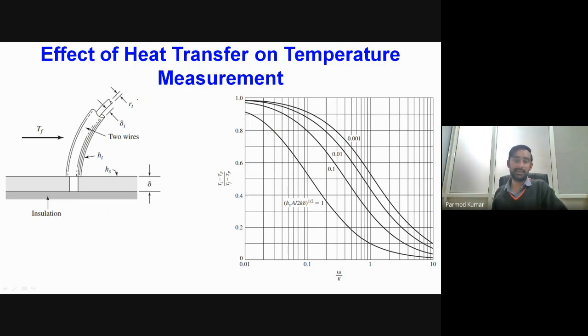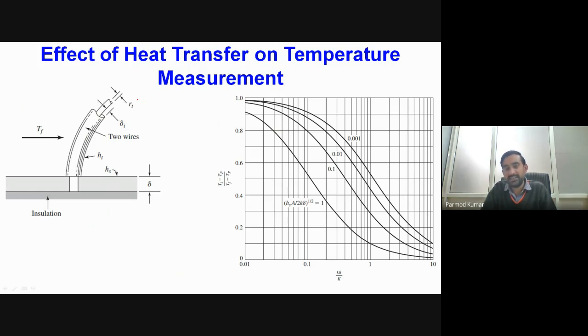Now when we do the measurement of temperature, I have already told you what happens if we place a thermocouple or an RTD. Along the wires of the thermocouple, we will have some conduction heat transfer.